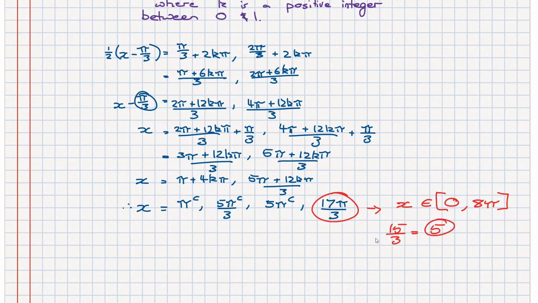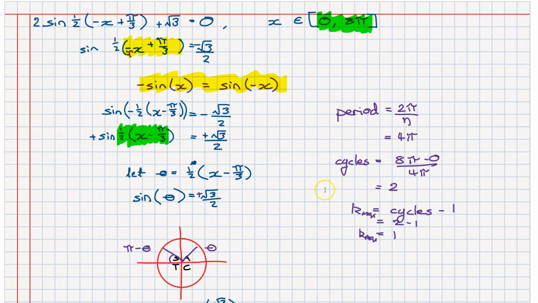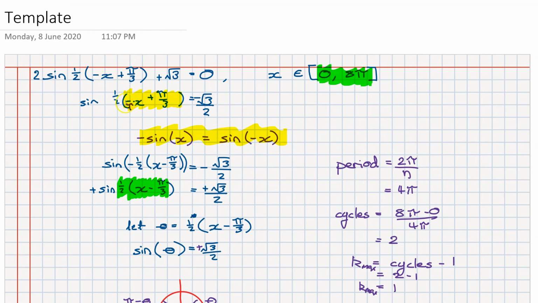So we're well and truly within this 8 pi limit. So we can say with quite high amounts of certainty that we've managed to get all of the solutions to this particular problem right there. So this would be an example of how we could solve equations that contain trigonometric functions that have undergone the horizontal dilation here, denoted by this plus pi on 3.